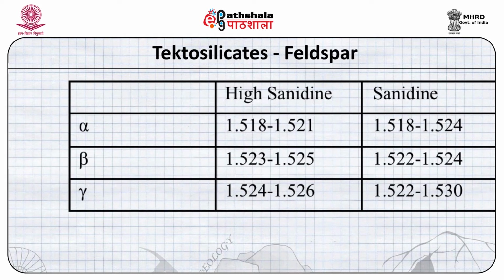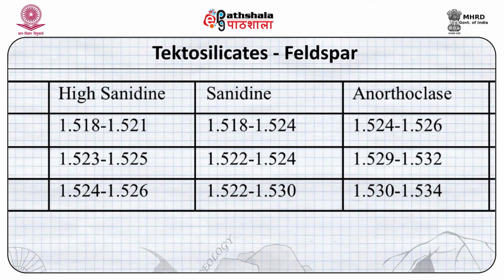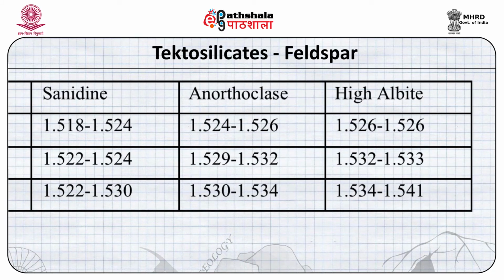The gamma is 1.524 to 1.526 in high sanidine, and it is 1.522 to 1.530 in the sanidine. The corresponding anorthoclase, which corresponds to high sanidine, has values ranging for alpha between 1.524 to 1.526, for beta 1.529 to 1.532, and for gamma 1.53 to 1.534.